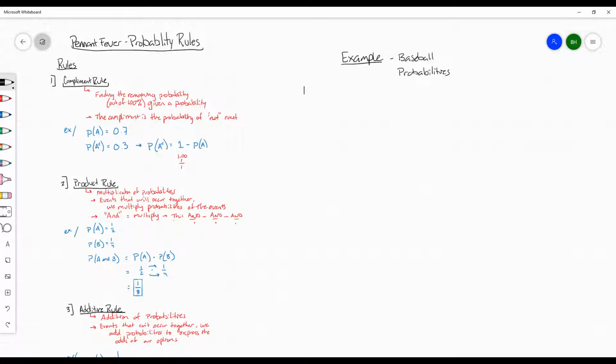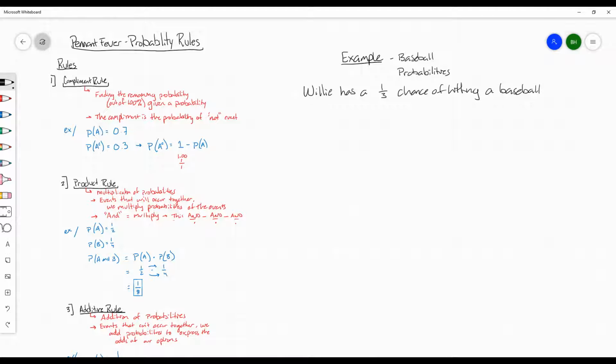And here we see that Willie has a 1 out of 3 chance of hitting the ball every time he's up to bat.